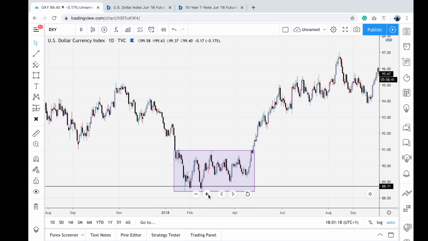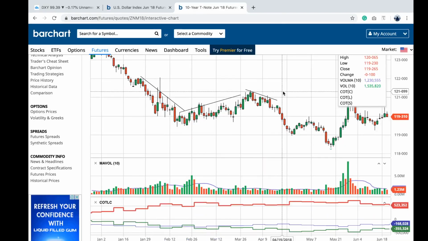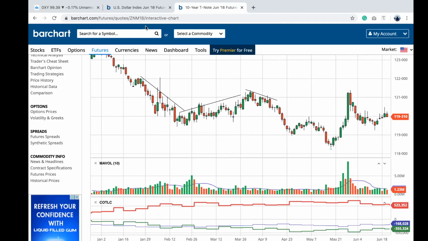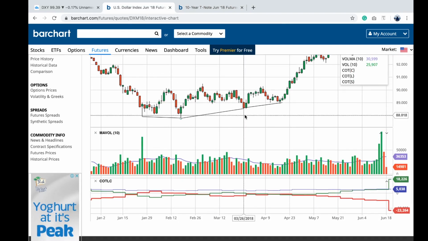Okay, so now the defining moment where you can expect price to break out, and you can know the direction of price, where price would go to in this very large consolidation, is to look at what the 10-year treasury is doing. Okay, so now let's check the dollar futures contract first. From the 26th of March all the way up to the 4th of April, the DXY was making higher highs.